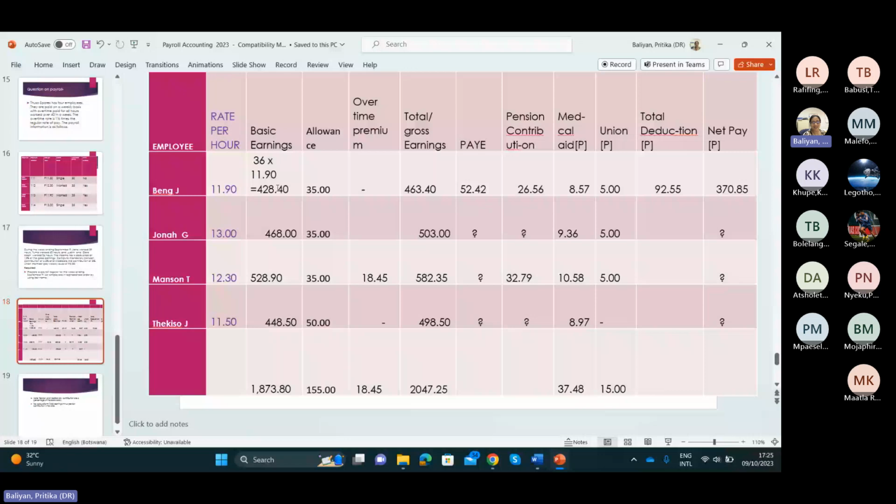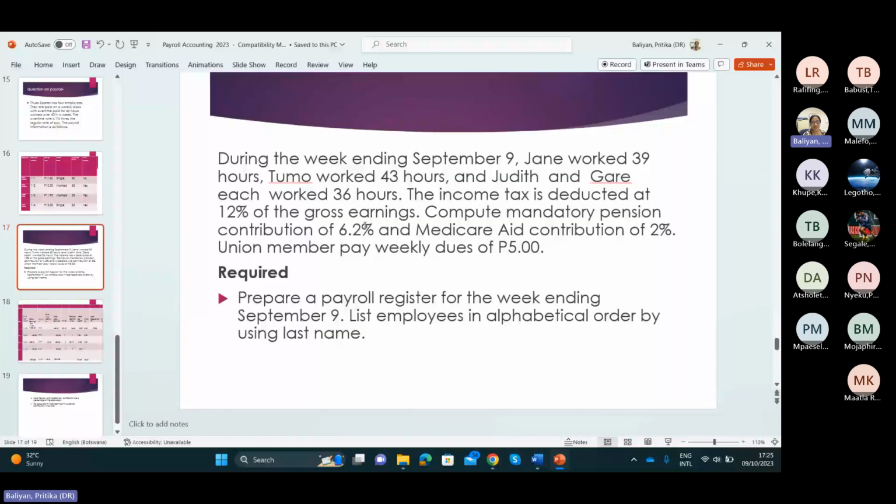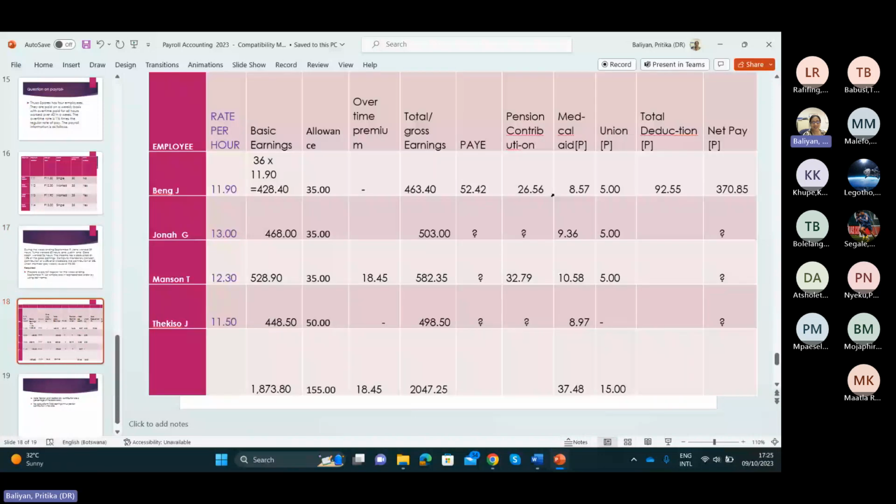What is the rate for it? The rate for pension contribution is 6.2%. So by 6.2% we will calculate on this 428 pula and 40 thebe. Can you please calculate this amount?